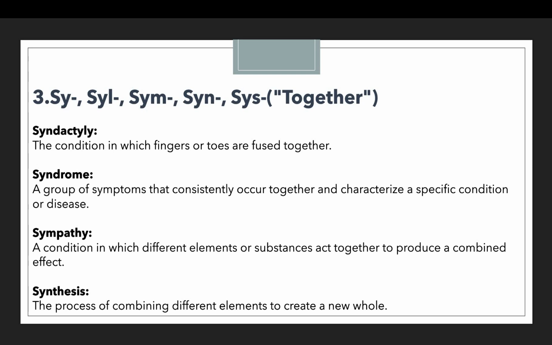Then we have synthesis. Synthesis means a process of combining different elements to create a new whole. So when different elements come together and build together to create something new, then in that case we will call it synthesis, which is composed with the prefix syn. So yeah, these are all the alternative prefixes which are used in order to showcase something as together.